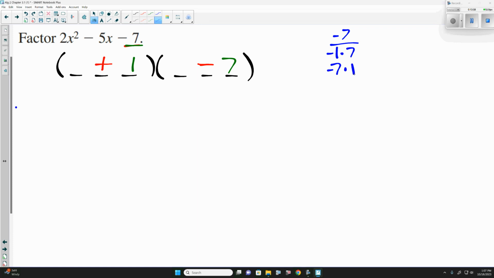But step 3, the fact that we said the third term's negative, so the signs are opposite, plus and minus, we took care of the signs. We don't have to worry about it being negative 7 anymore. It's already taken care of. So now we're just worried about the factors of 7, which is just 1 and 7. There's only 1. We're not worried about here where there's 2, because we have negative 1 and 7, or 1 and negative 7. Which for this here, that's not bad.